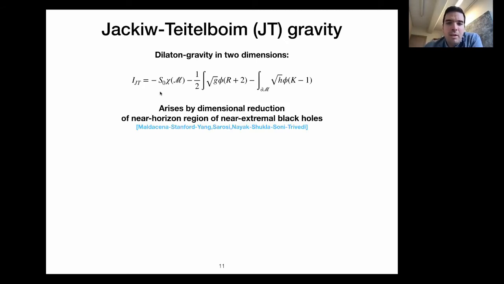Okay, so one comment is that this is a pretty generic theory. It arises by dimensionally reducing many near-extremal black holes in the near horizon region. So it describes some limit, a universality class of physics.